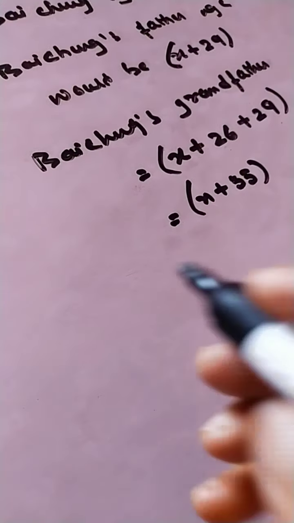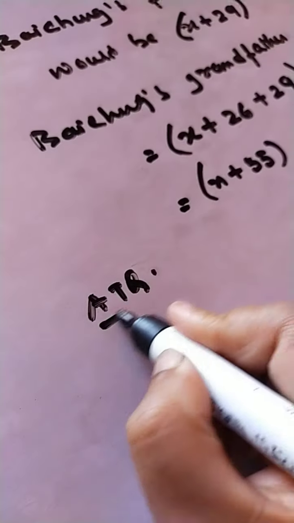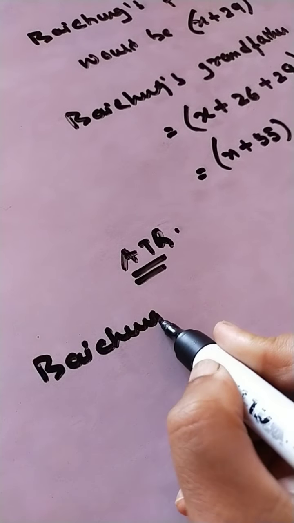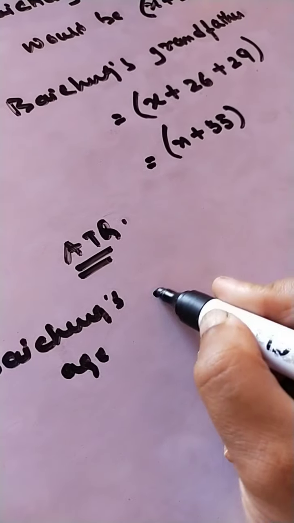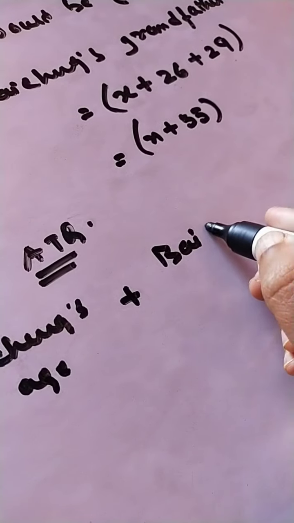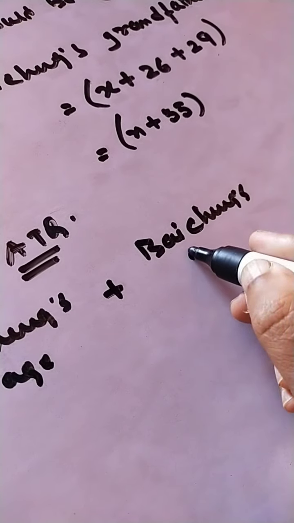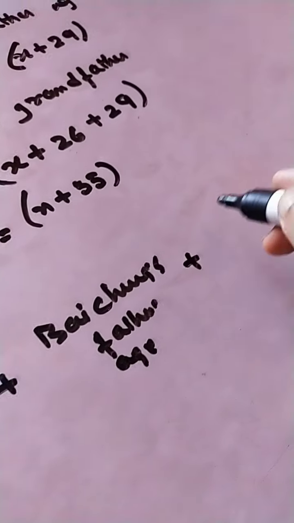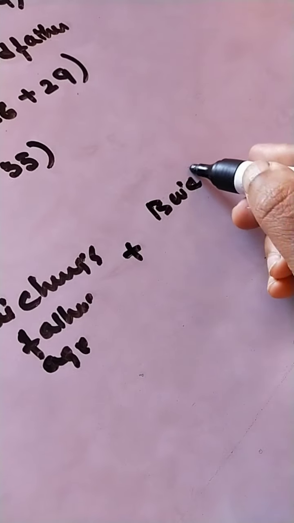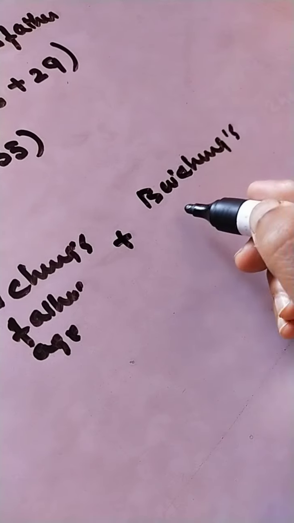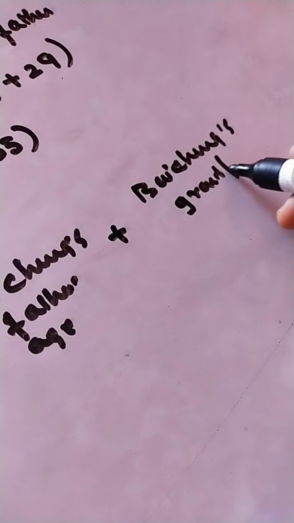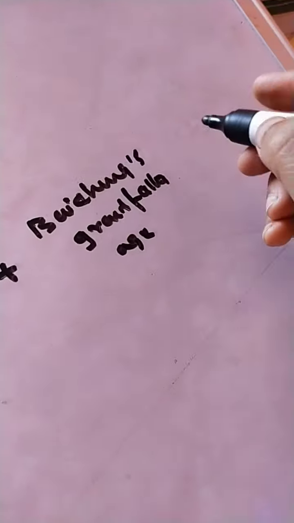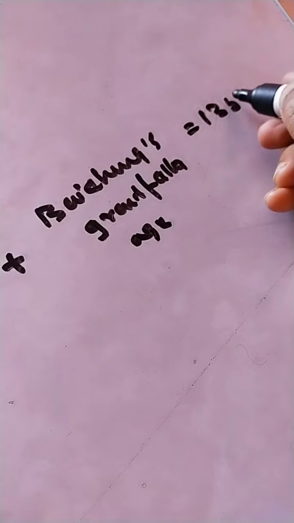Now in the second part of the question they have given that the sum of the ages of all three is 135 years. So ATQ, Baichung's age plus Baichung's father's age plus Baichung's grandfather's age, if you add up all their ages, will give you 135 years.